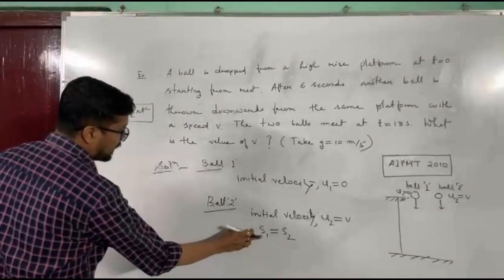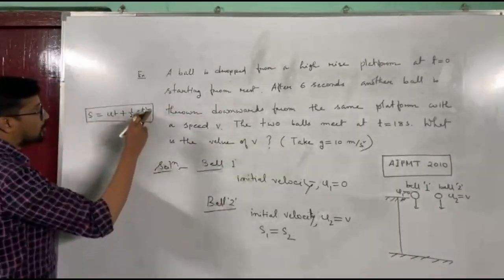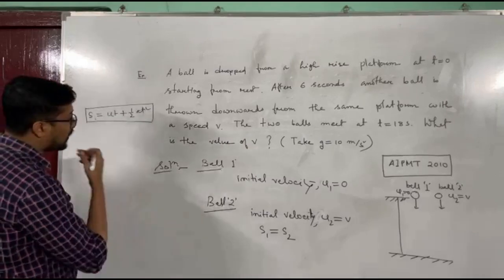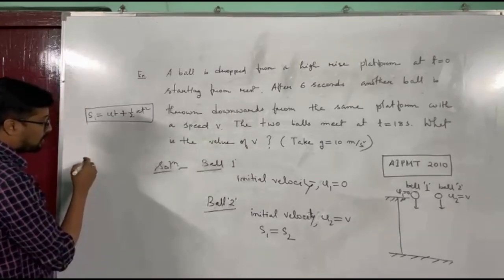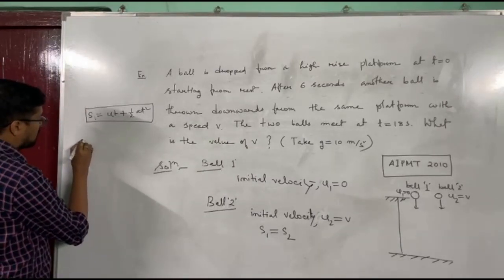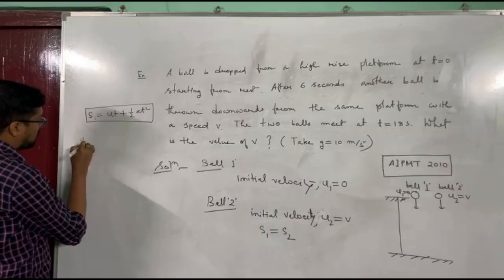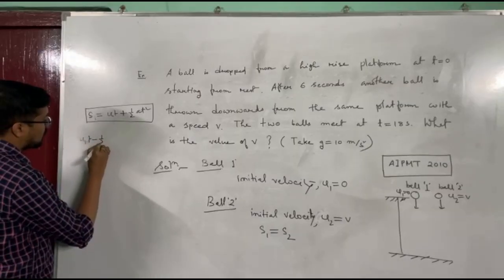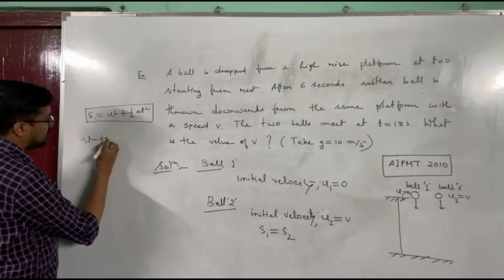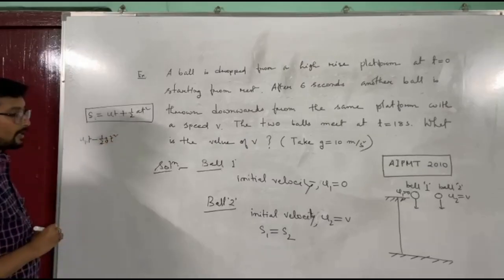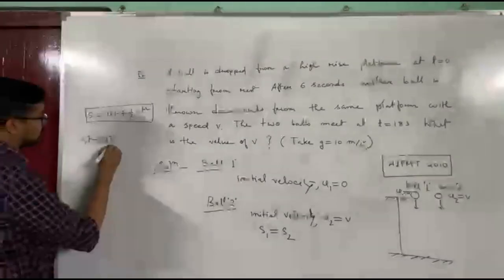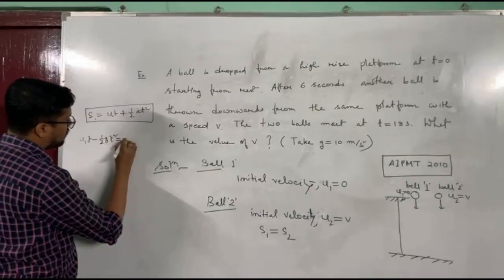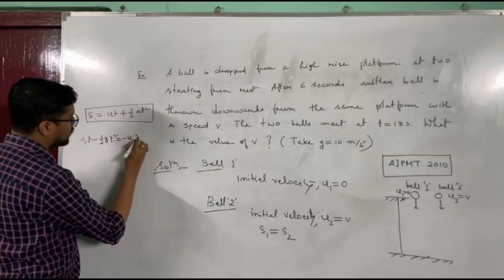So from S1 equal to S2, for ball 1 we can write u1 into t minus half g t square is equal to minus u2 into t minus half g t square.